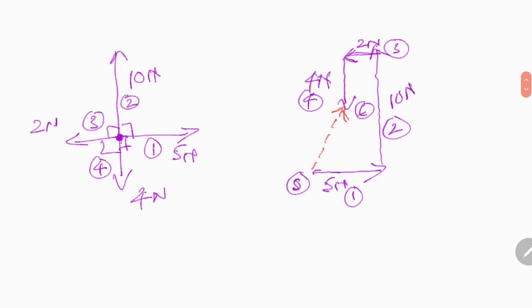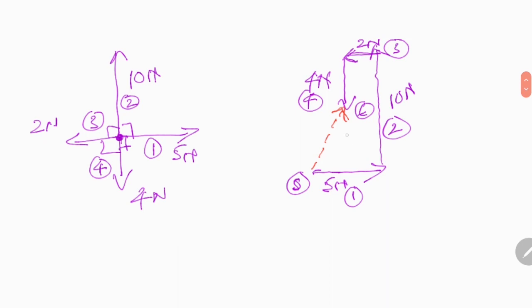Now if you see, all these are triangles, right? You have a right angle triangle, so it's very easy for you to measure this distance. So for instance, how will we do that? If this is 10 newtons, this is 2 newtons. So this is by simple geometry.